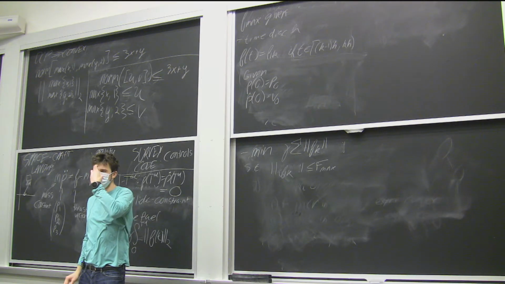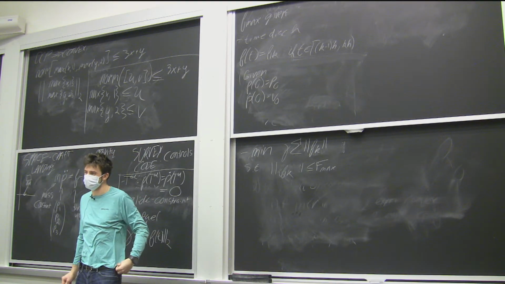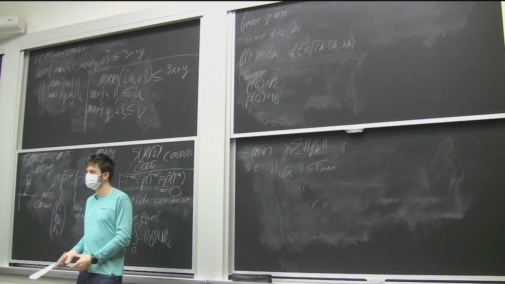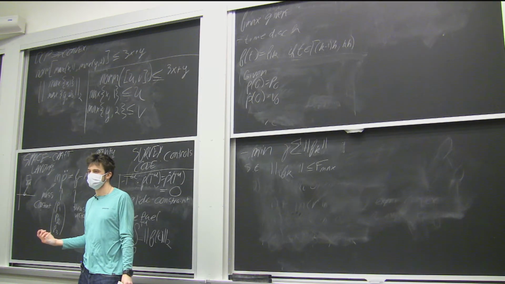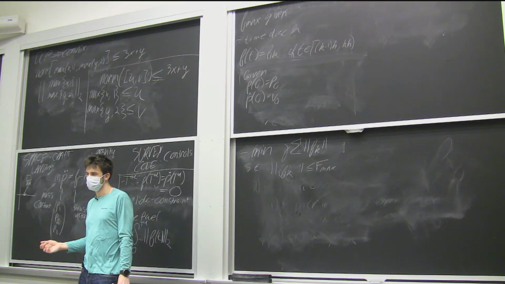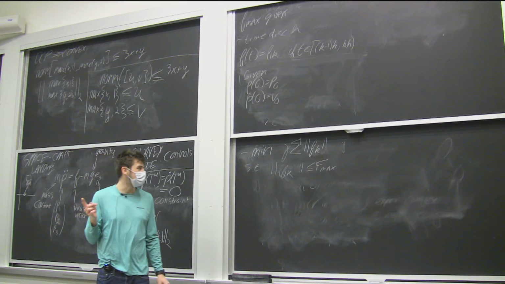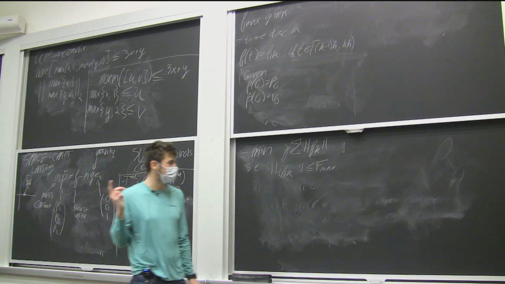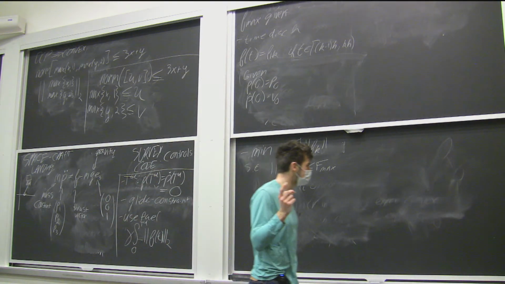Okay. So, first question I meant to ask, is this a convex objective? Can anyone tell me why it's a convex objective? The sum of convex functions is convex. So the answer is it's because the sum of convex functions is convex.